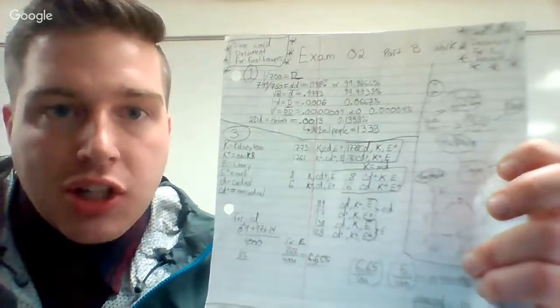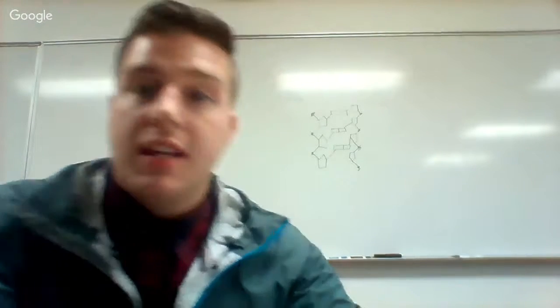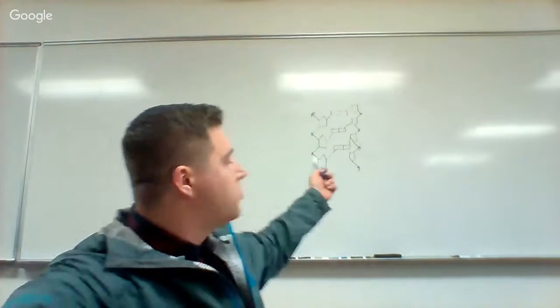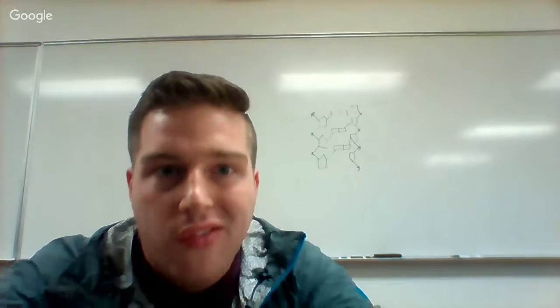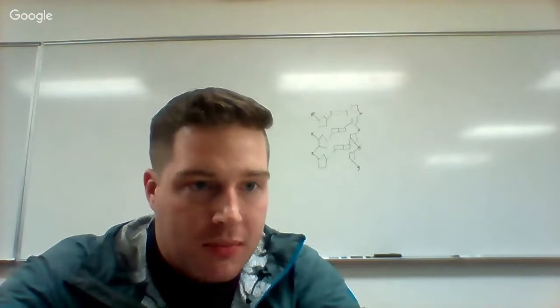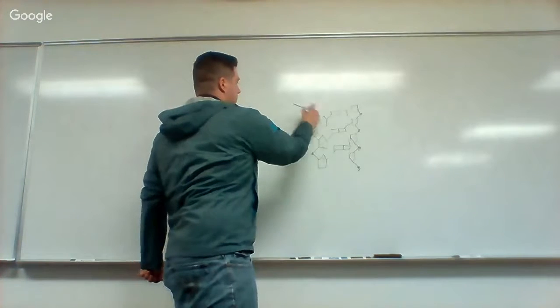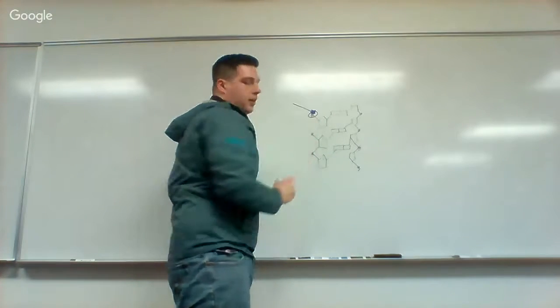The second question here, it's asking about a DNA molecule, and it gives us some. I tried to draw it on the board here. Hopefully you guys can see it all right. But it points out some locations. There's W, which points here, this spot right here.